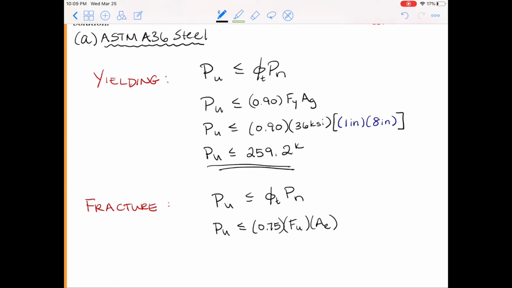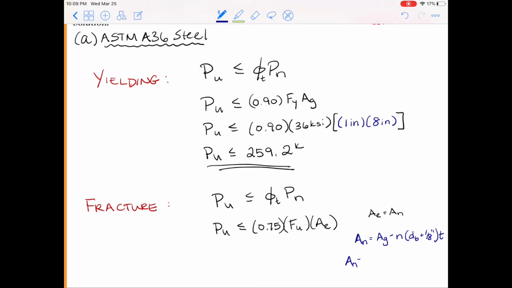For A36 steel, we know that F_u is 58 ksi. And in this problem, we're given that the effective area equals the net area. The net area we calculated on the previous page was the formula A_g minus N times the quantity D of the bolt plus 1/8 inch, times T.